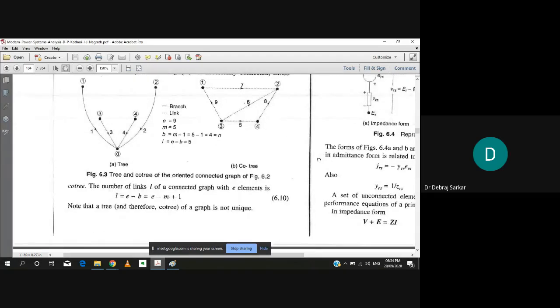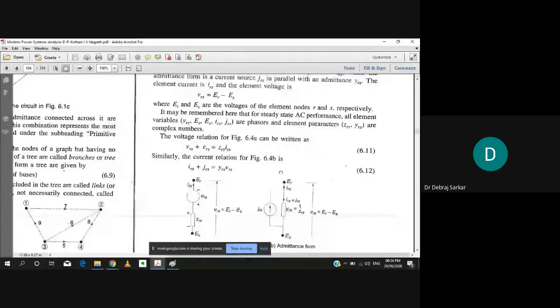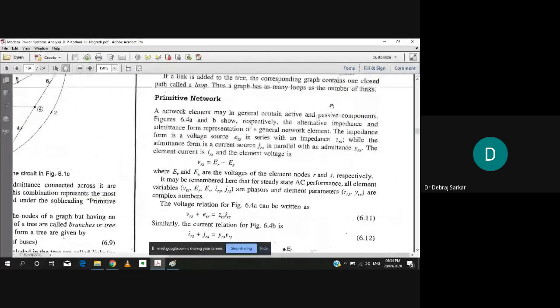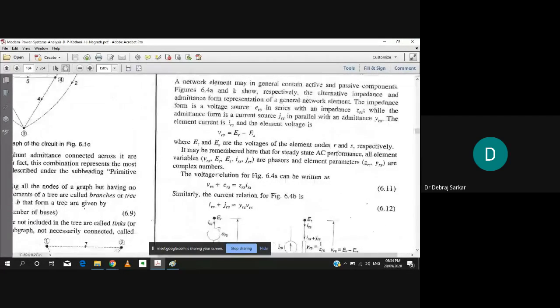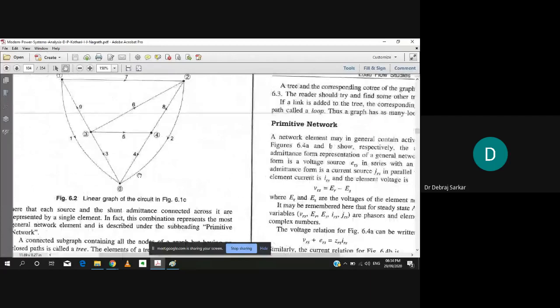Then we had seen something called the primitive network. Now, what is this primitive network? It is just a network that is inside this branch or element. This element number 2 can carry a lot of things.